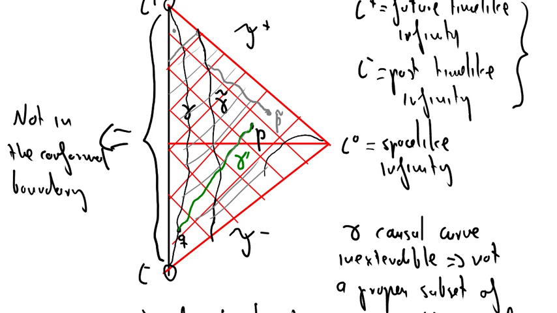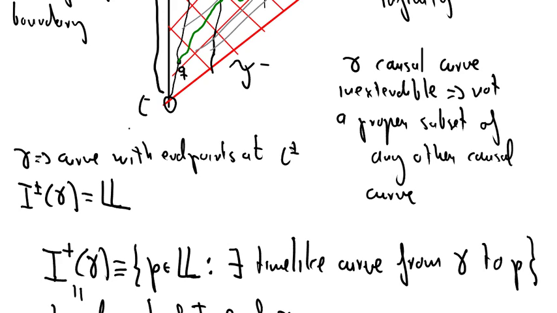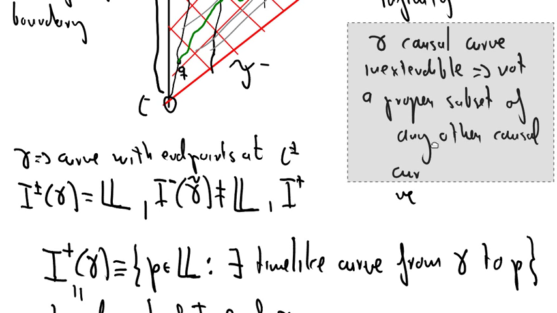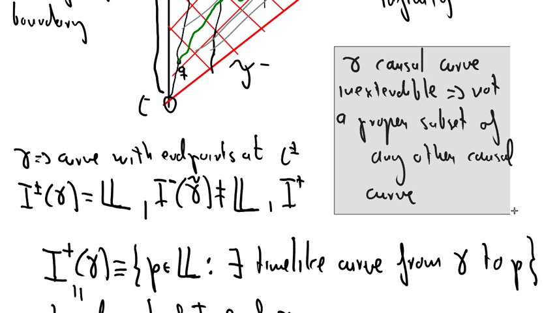So it means that for gamma tilde we have the property that the chronological past is not the whole L, and something similar happens for the chronological future.